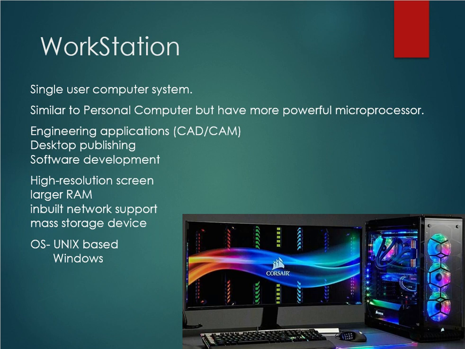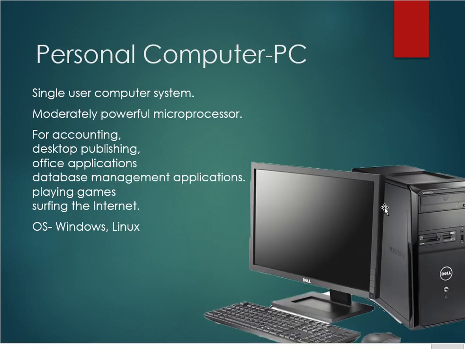But a workstation is a kind of stable computer, and also compatible. Compatible means the compatibility between the hardware devices: the processor, RAM, hard disk, motherboard, and all the other electronic devices. The compatibility is nearly 100%. But in a personal computer, it doesn't have 100% compatibility.